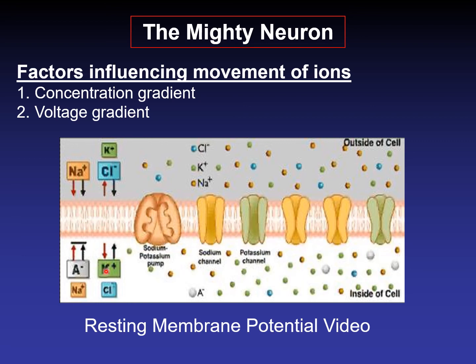We see this kind of contrary gradient with potassium as well. It's concentrated inside the cell relative to outside the cell. So its concentration gradient is trying to push it out of the cell. However, because potassium is positively charged and the inside of the cell is negatively charged, the voltage gradient is trying to push potassium into the cell.